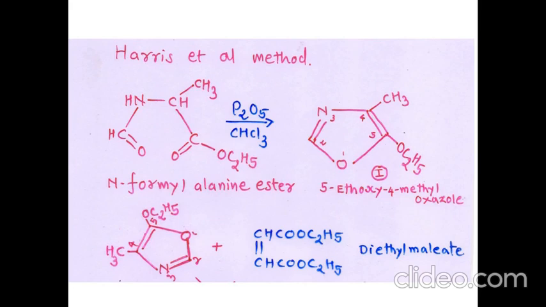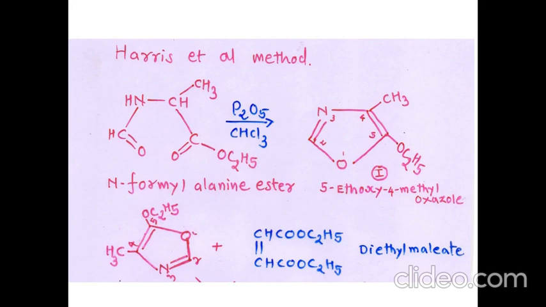When you allow it to react with phosphorus pentoxide in the presence of CHCl3, a 5-member ring structure is formed, which is the oxazole ring. Oxygen and nitrogen are present as part of the heterocycle, separated by 1,3 positions in the 5-member ring, which is the oxazole ring, friends.